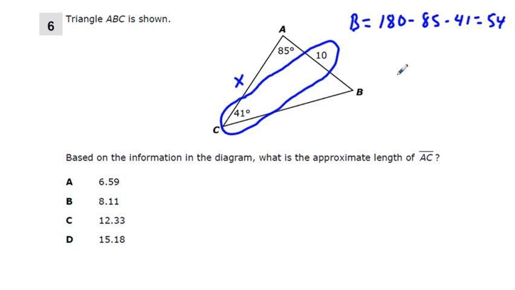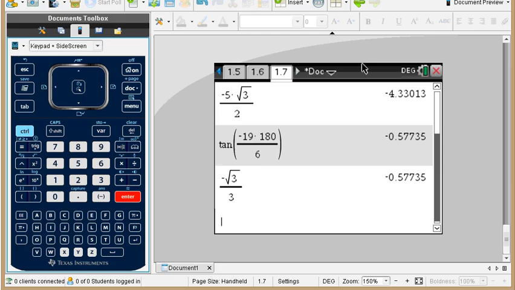So just working an equation, we have x over sine of 54 degrees equals 10 over sine of 41 degrees. And we go to our calculator. I suggest numerical solve, menu 3.1. Very handy feature on a TI-Nspire CX calculator.